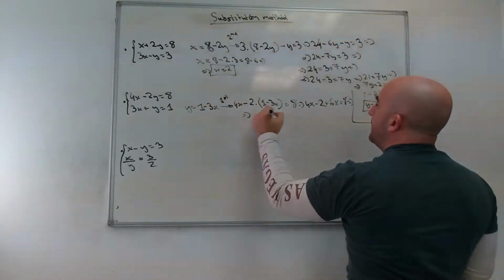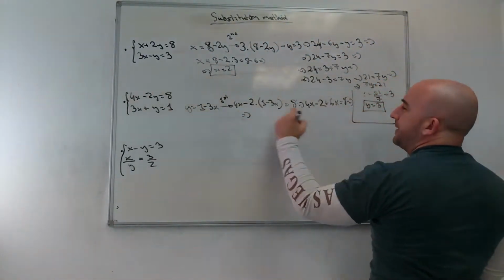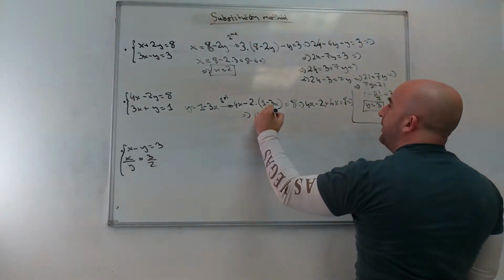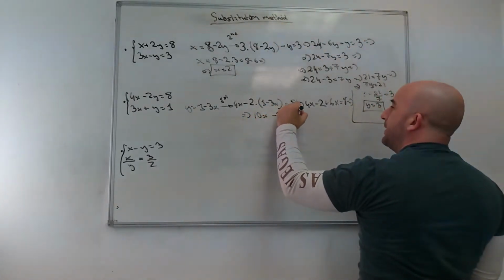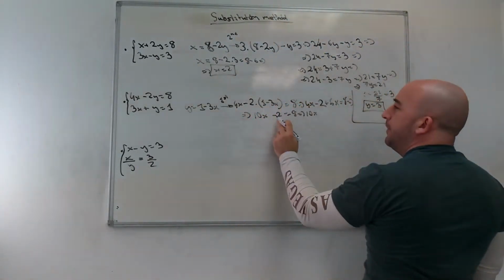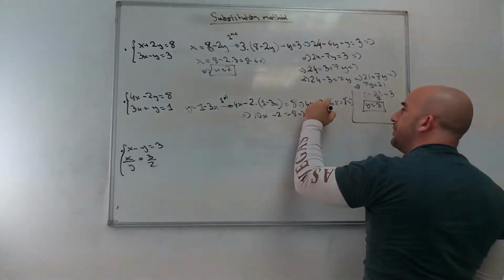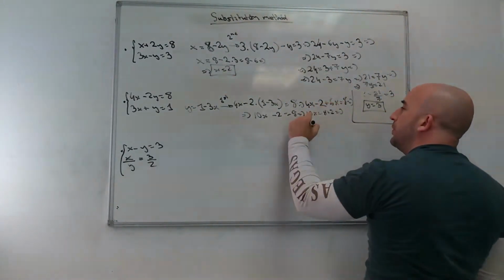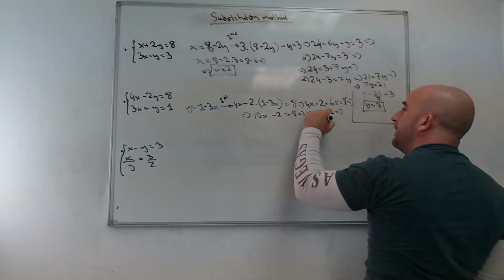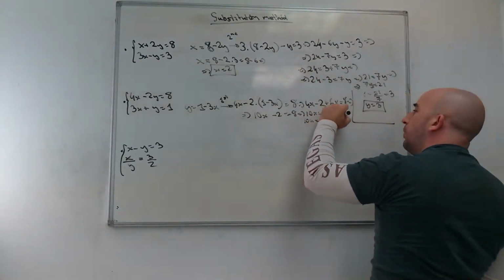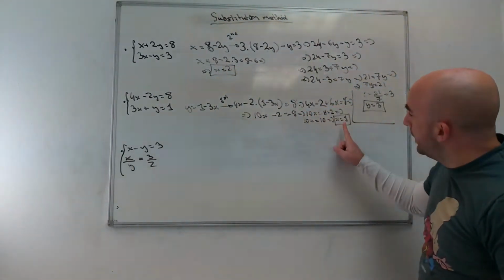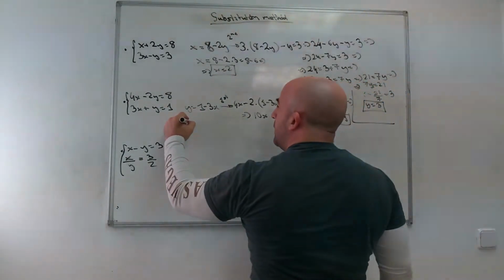So then 4x plus 6x, that's 10x. Minus 2 equals 8. So 10x minus 2 goes to the other side as plus 2. So 10x equals 10, so x equals 1.